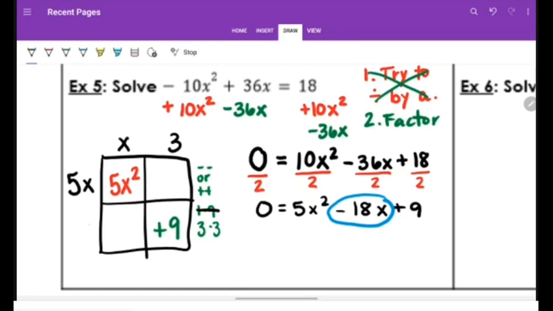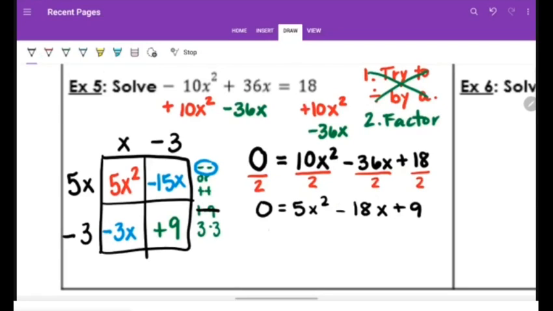So we'll try a 3 and a 3, which would give us a 15x and a 3x. The sum of 15 and 3 is 18, so we're on the right track. Now we just need to ensure that we get a negative 18x when we add these together. And we already knew from the beginning that both of our numbers had to be positive or both of our numbers had to be negative. So hopefully we can see now, in order to get a negative 18x, that we want the negatives.